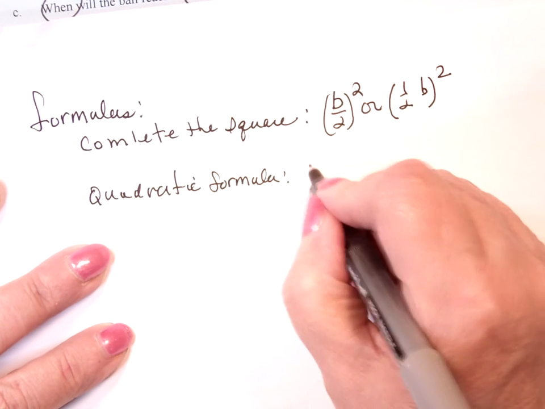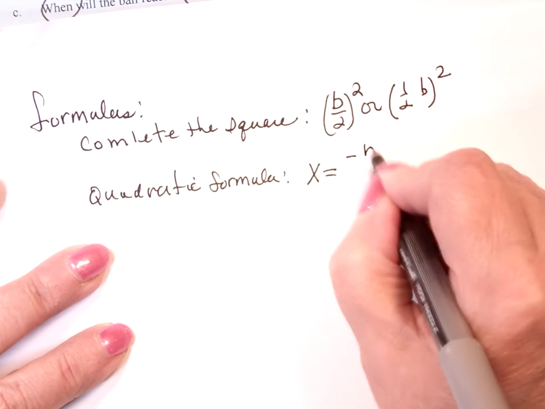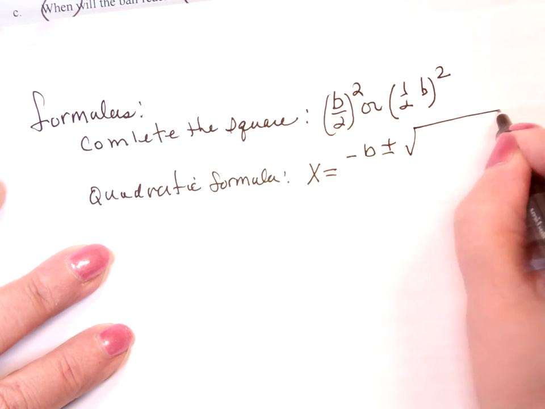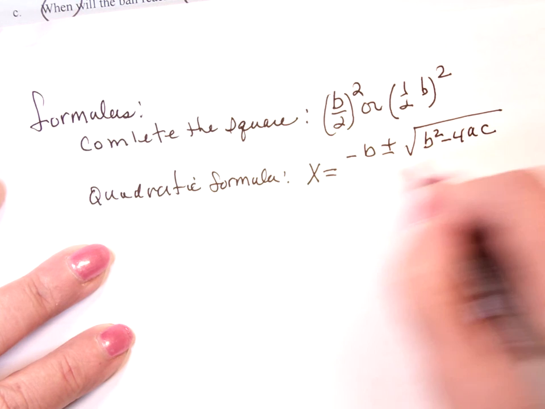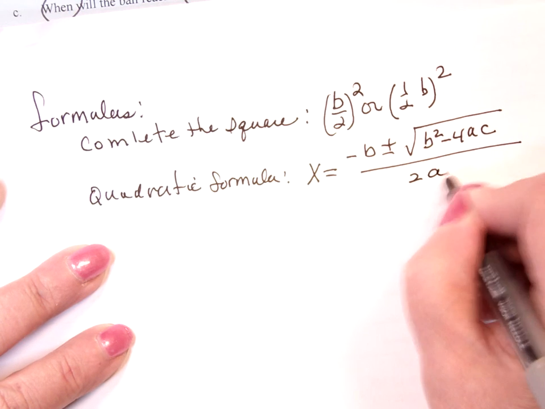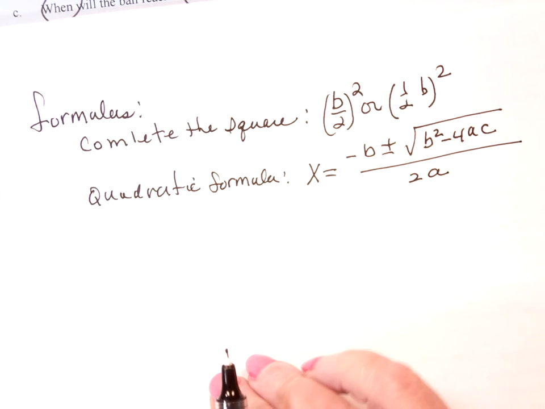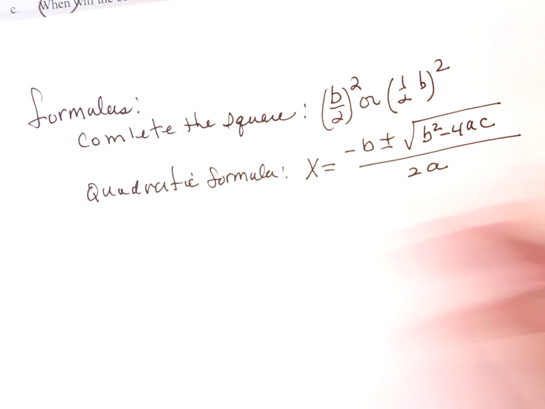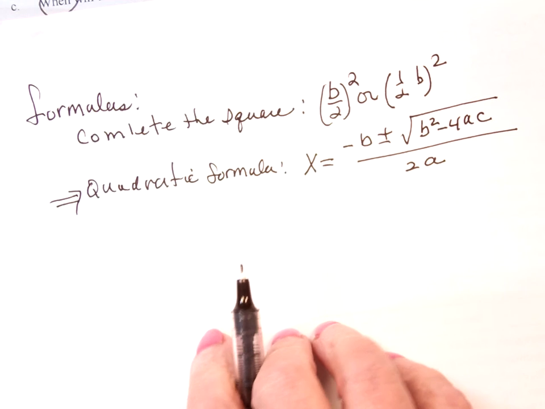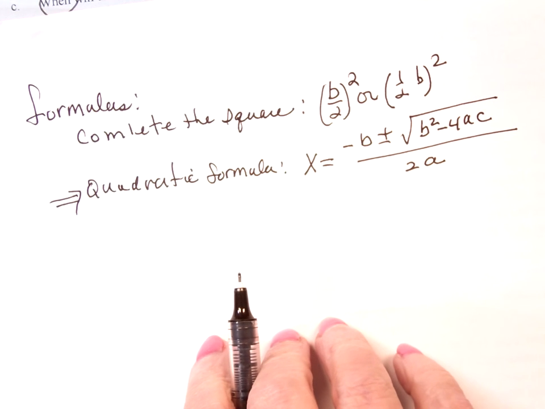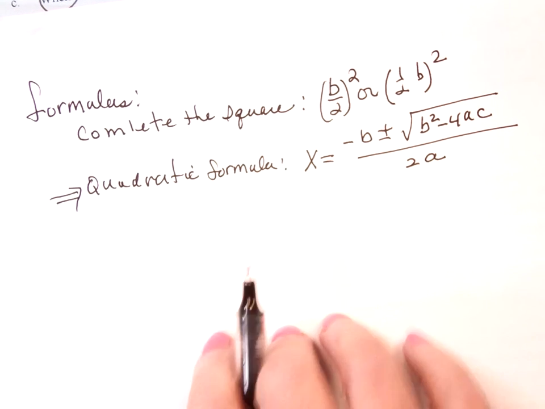And that says that x is minus b plus or minus the square root of b squared minus 4 times a times c all over 2 times a. This is the formula that's going to cost you a lot of damage if you don't know it, because you already saw a lot of the word problems. It really requires it.